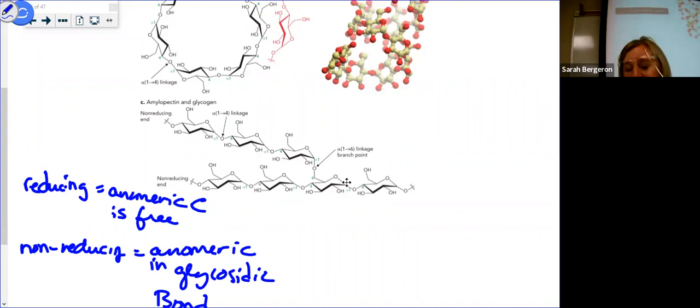So if you look at things like starch and things like glycogen, have y'all ever, this is gonna date me. Have you ever used or played with a Kush ball? You know what a Kush ball is? Okay, so it's this rubber thing and it has these like finger-like projections.